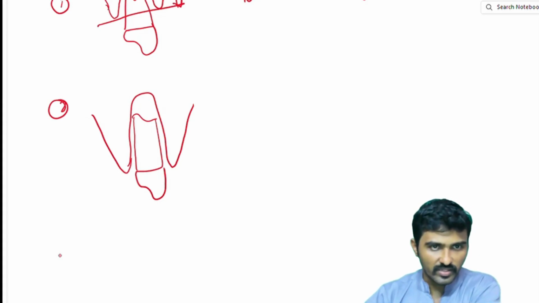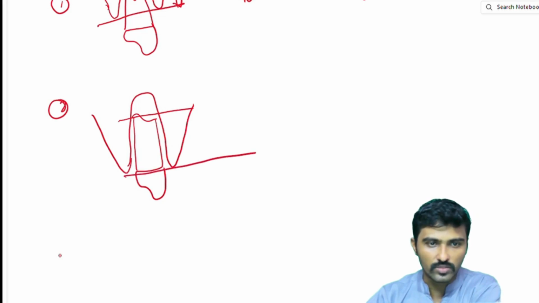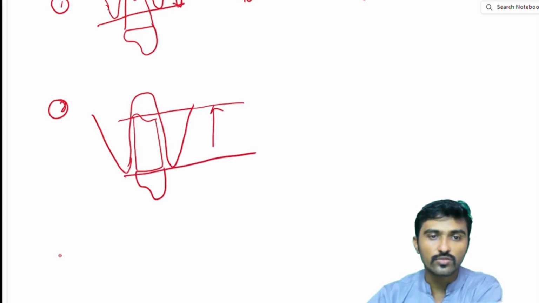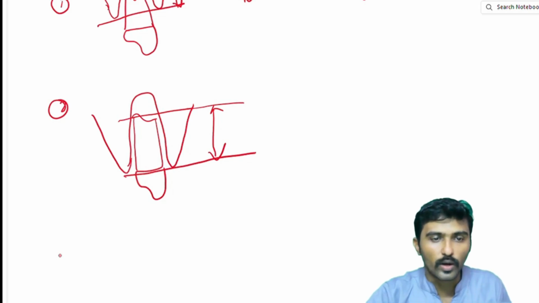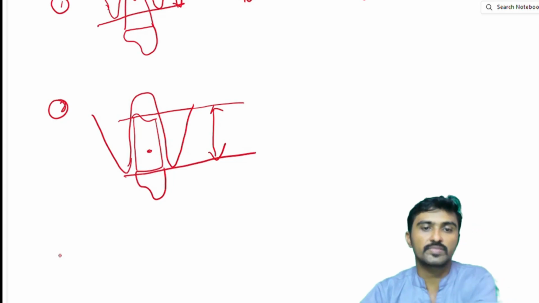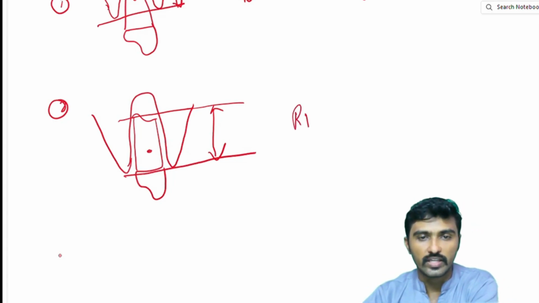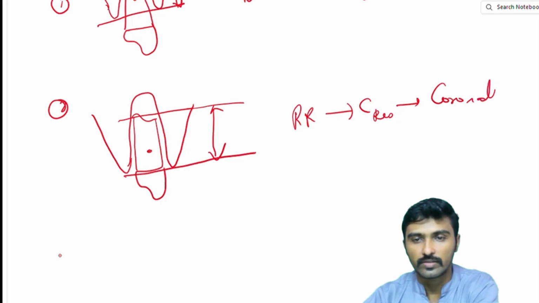As per the same definition, it is always between 1/3 to 1/2 of the root surface from root apex to alveolar crest. So whenever there is a loss of root length or height, what happens to the center of resistance? It shifts coronally. So compared to a normal tooth, in case of root resorption, the center of resistance shifts coronally.